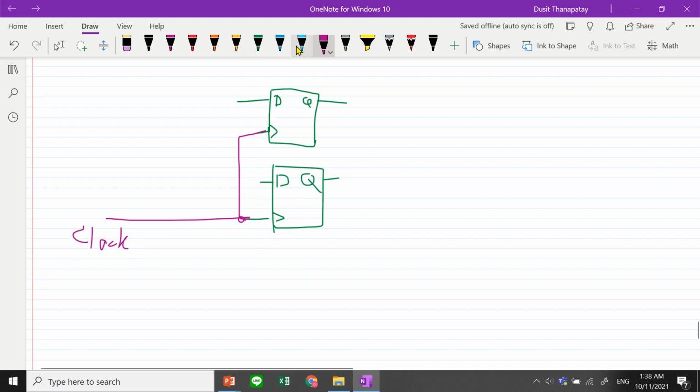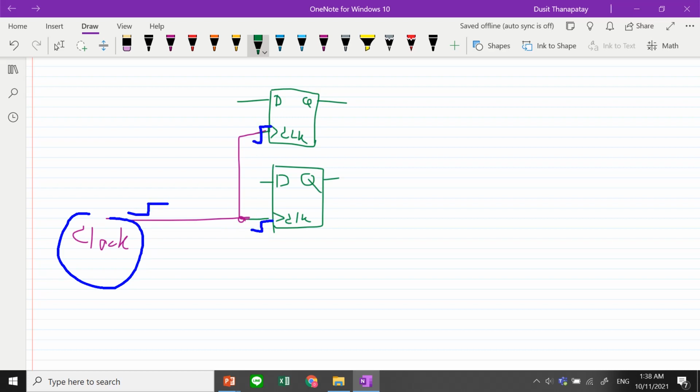That means when this clock ticks, this flip-flop and this flip-flop will obtain the same clock tick. Namely, these two flip-flops will change the value at the same time.